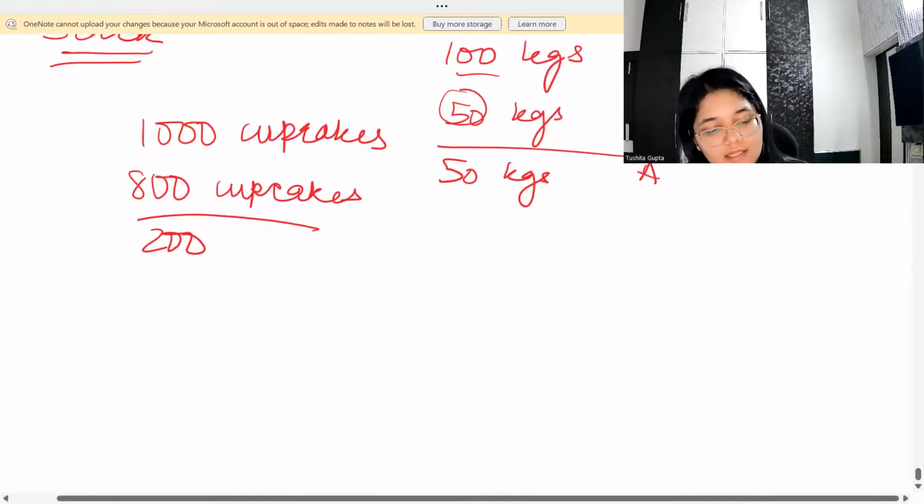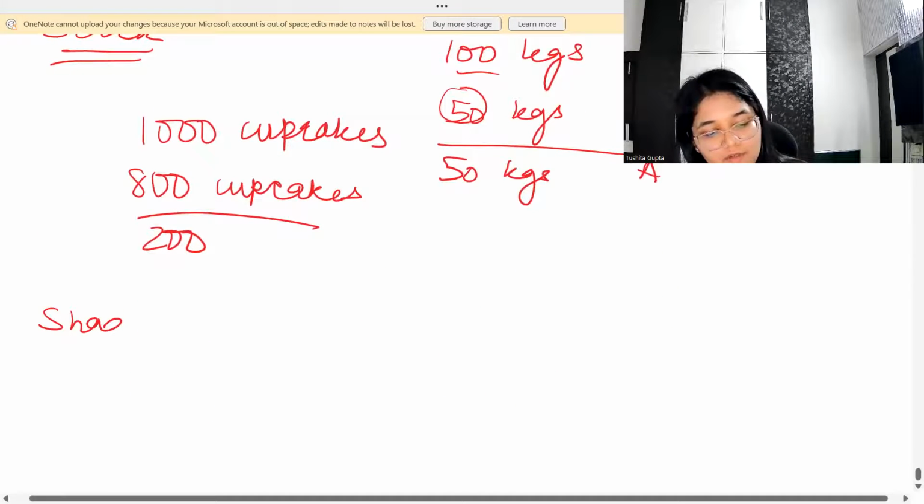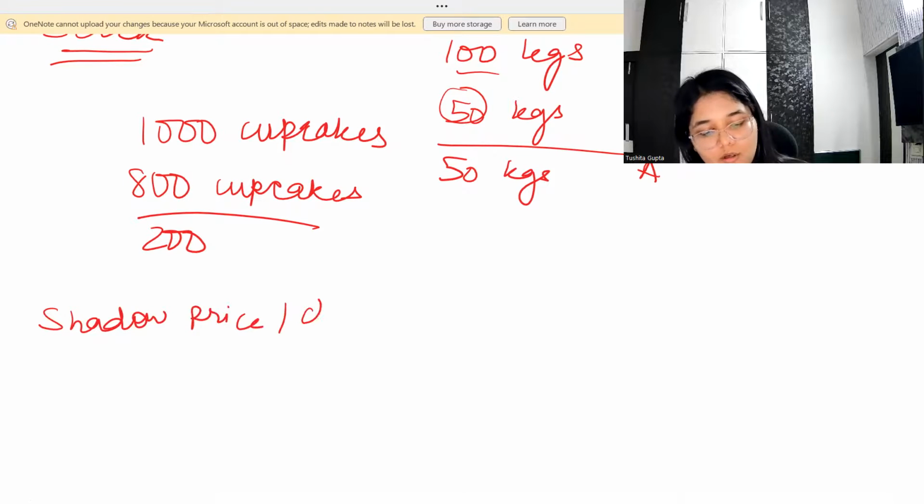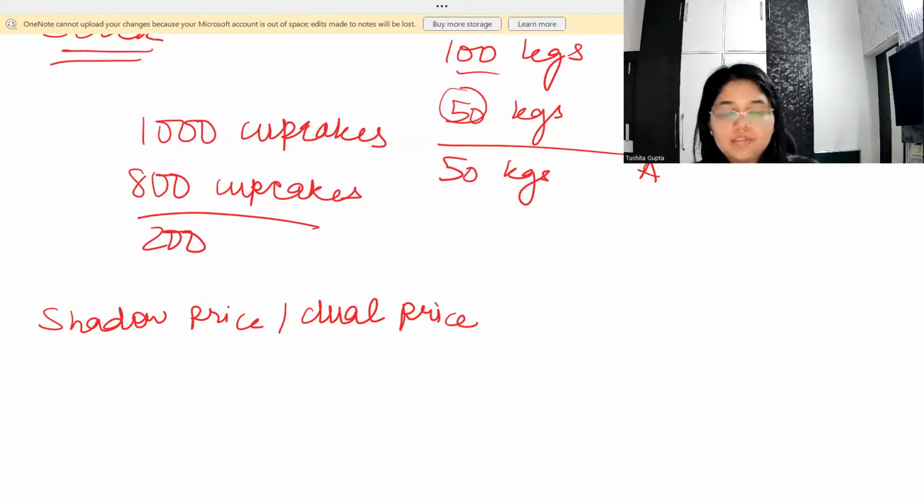Then there's another concept associated with linear programming, which is the shadow price. Shadow price can also be called dual price. In the exam, the examiner may use the other terms, so you should be aware of all the possible terms that there are. Basically, the shadow price is the increase in the contribution that you will get if there is one additional unit of the limiting factor.